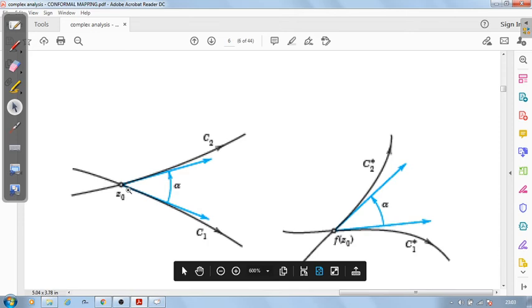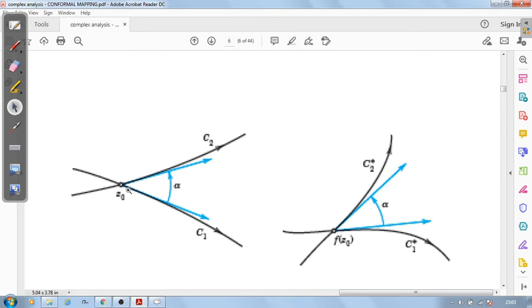By saying so, I mean that if f of z is conformal at z0, it doesn't mean that f of z is conformal everywhere. It may not be conformal at a different point z1. Similarly, if f of z is conformal at z0, it doesn't mean that every function is conformal at z0. Some g of z may not be conformal at z0. So conformality is a property of that function as well as that point.